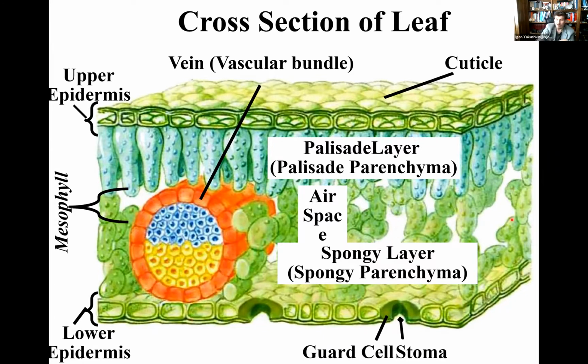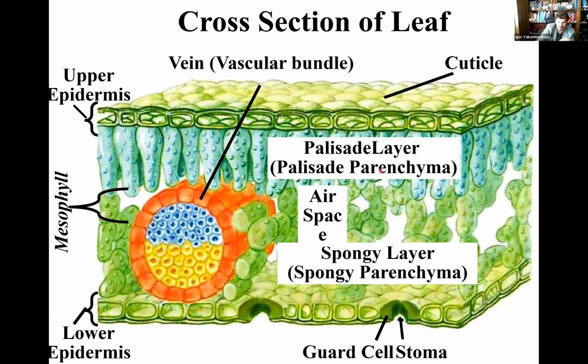And this is what those air spaces are for: storage of the carbon dioxide from the outside, through the special cells known as the guard cells, through the special openings within the guard cells known as the stoma or stomata, moving into those air spaces.